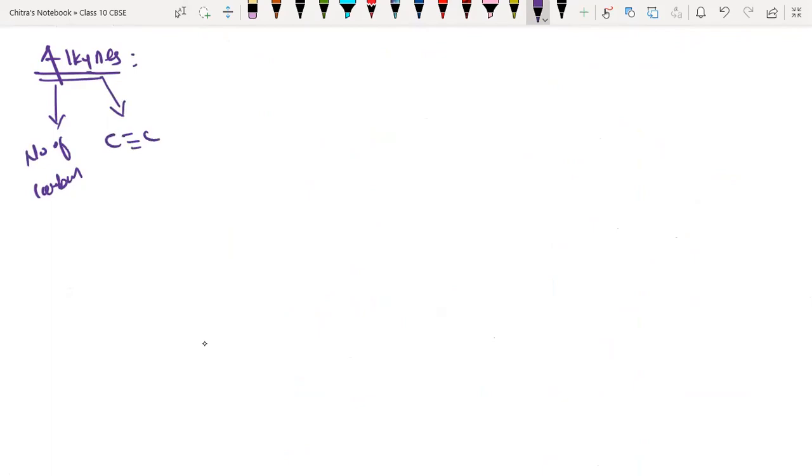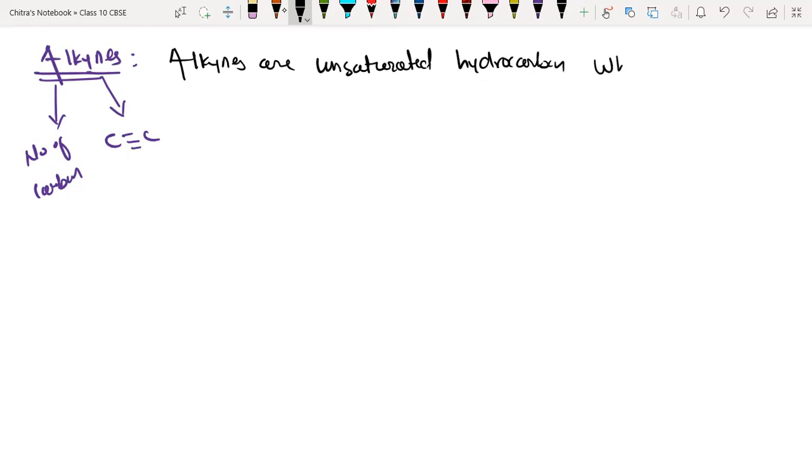Since we have a triple bond, alkynes are unsaturated hydrocarbons, which have at least one triple bond.